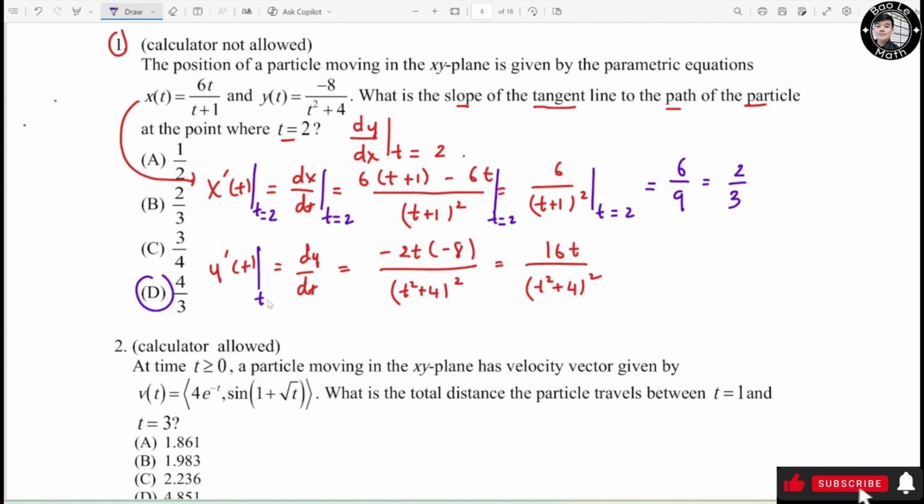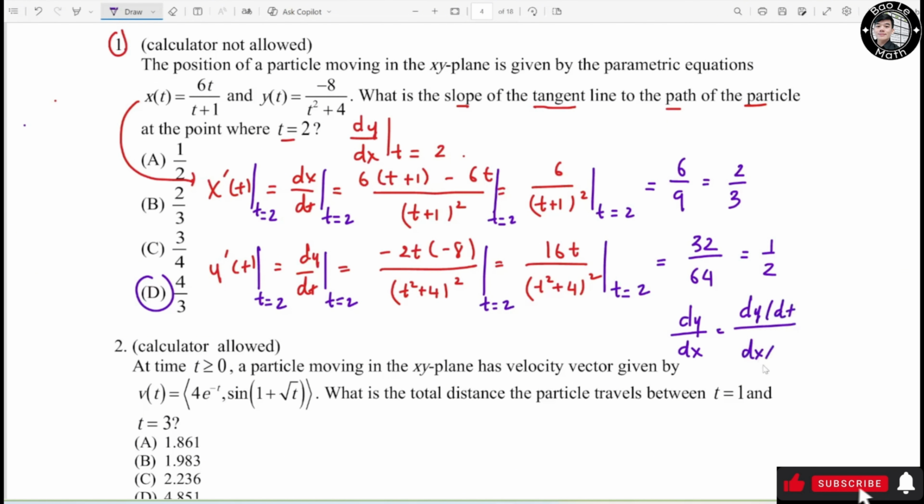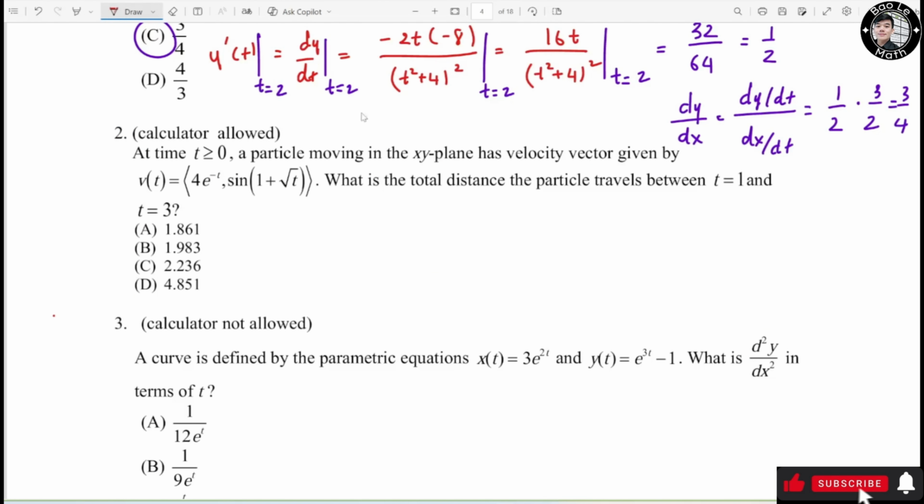For dy over dt, 32 over 64 is 1 over 2. So finally, dy over dx equals dy over dt divided by dx over dt, which is 1 over 2 times 3 over 2, or 3 over 4. The answer is C. Now let's move on to question 2.